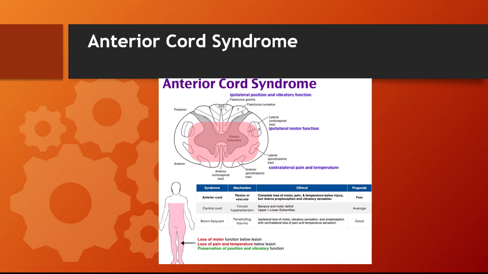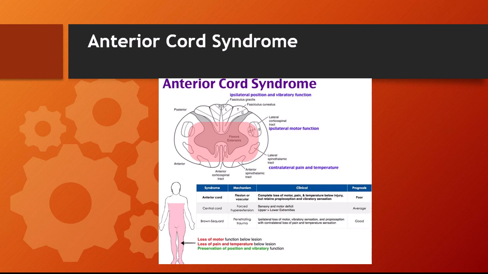Now, the problem is that about 75% of the blood flow the patient receives to their spinal cord is on the front side. And that's why this can be a very serious type of injury.